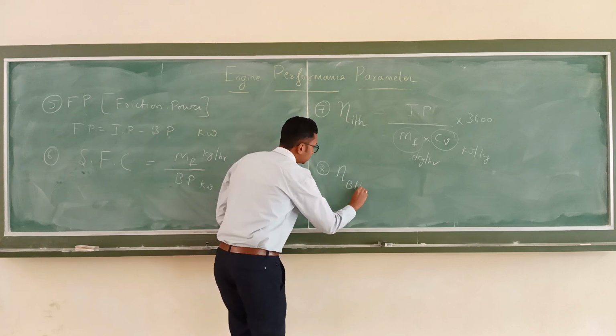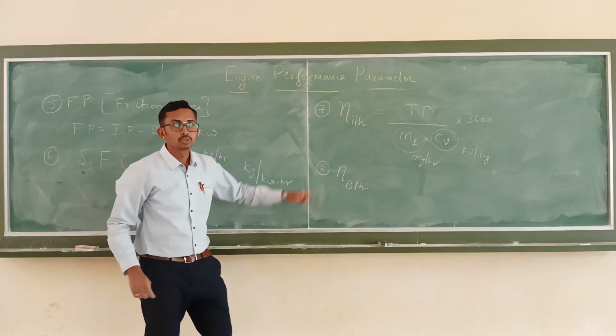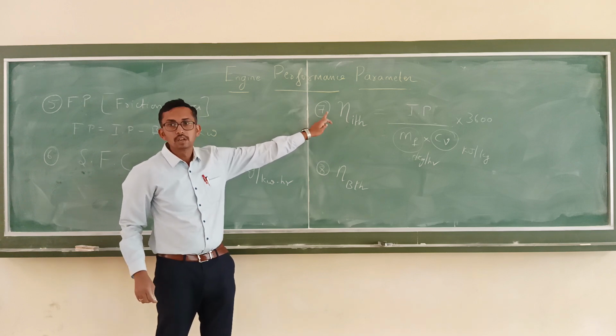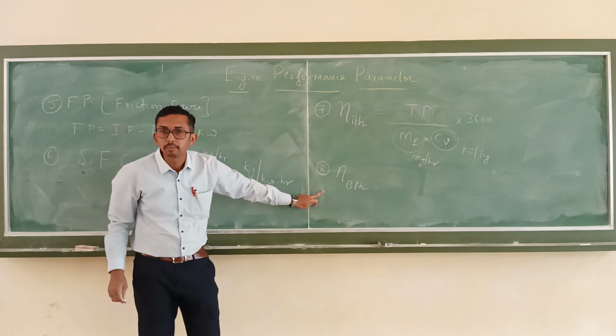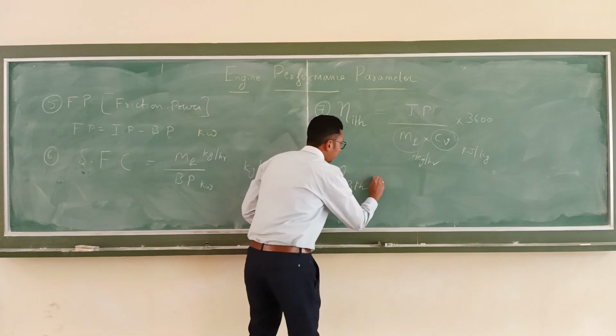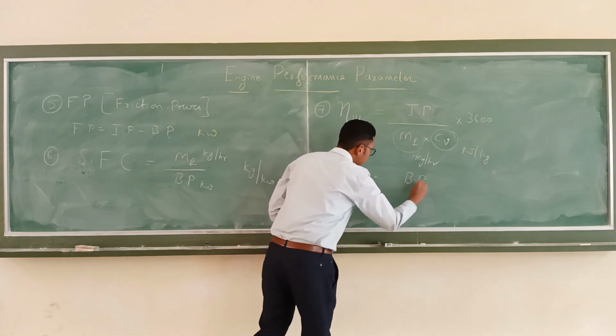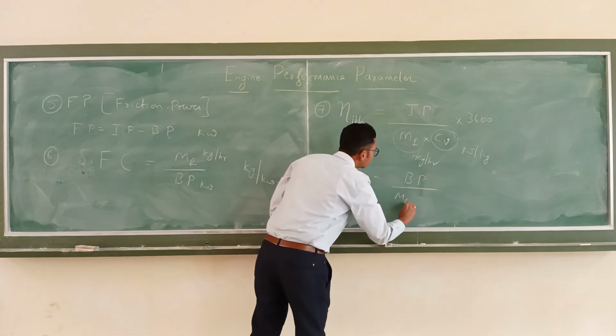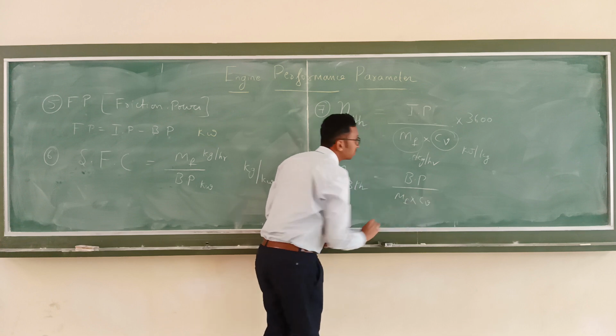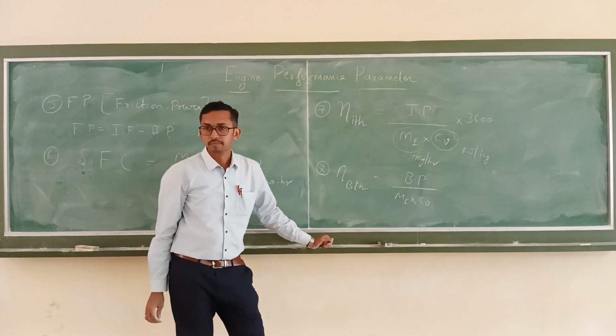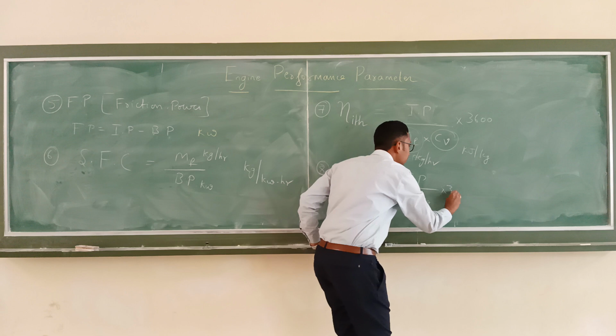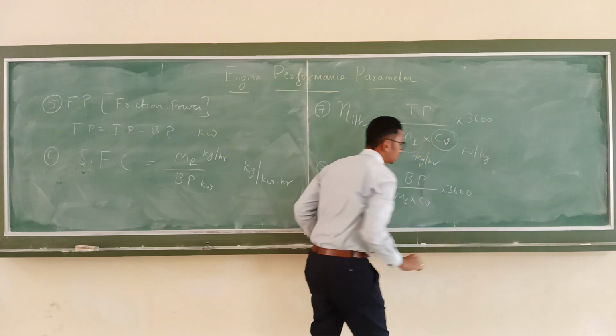Brake thermal efficiency. So this is indicated thermal efficiency and this is the brake thermal efficiency. It is given by BP by MF into CV into 3600.